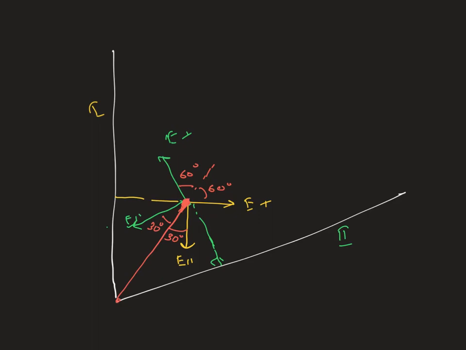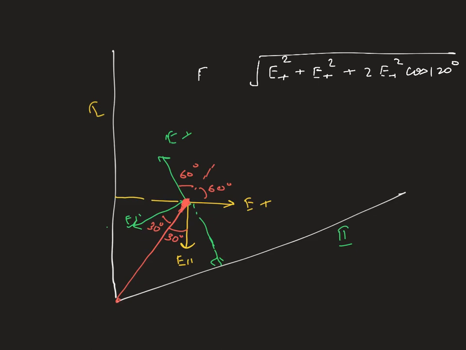So we have to find the vector sum of 4 forces, but we will take 2 at a time. E perpendiculars first. So we'll have root under E perpendicular squared plus E perpendicular squared plus 2 E perpendicular squared cos 120 degrees.